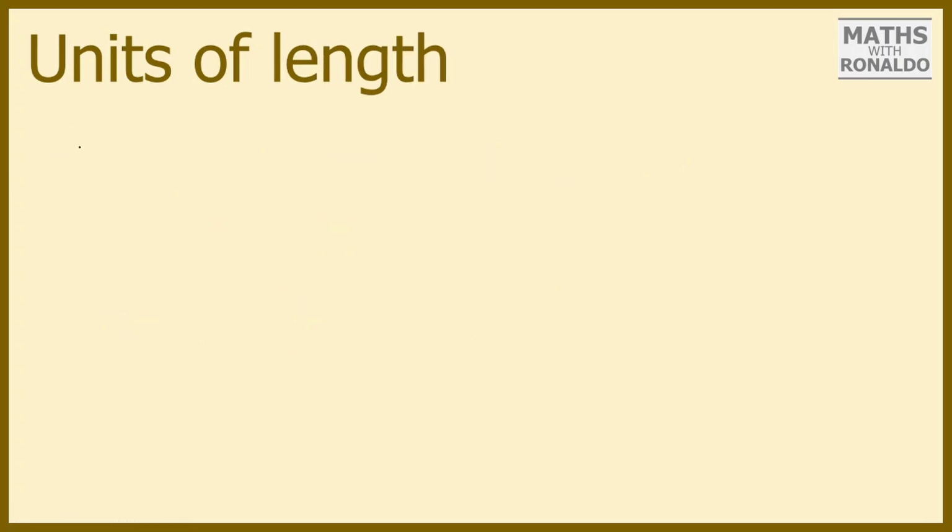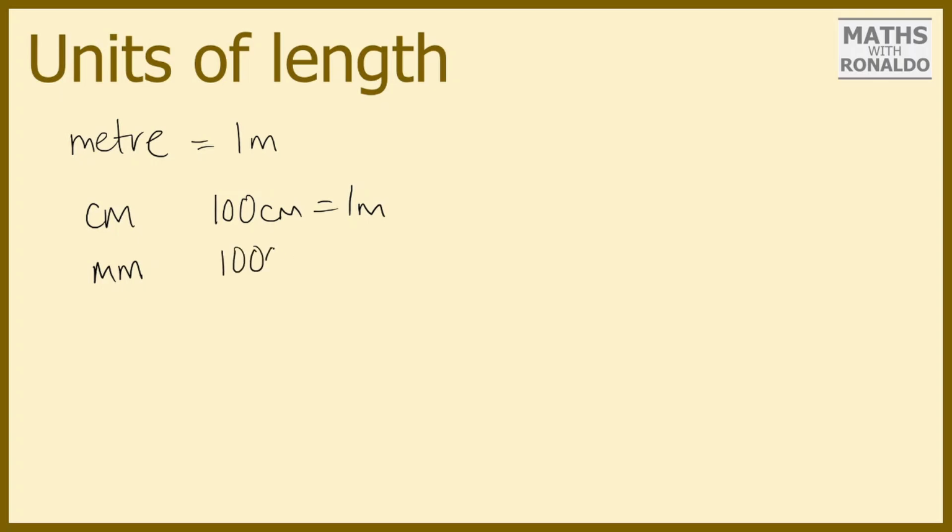Here we have meters. A meter is written like so, 1 meter, m for meter. A centimeter, well, we have 100 centimeters in a meter. We have millimeters, there are 1,000 millimeters in a meter, or 10 millimeters in a centimeter.